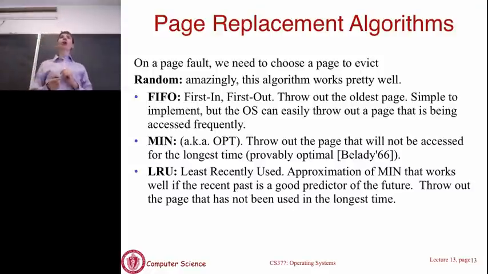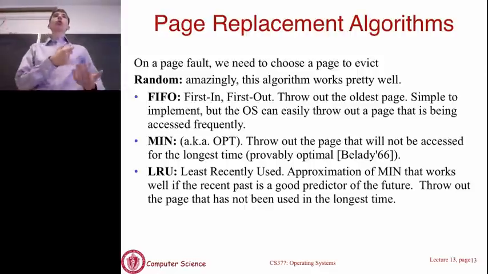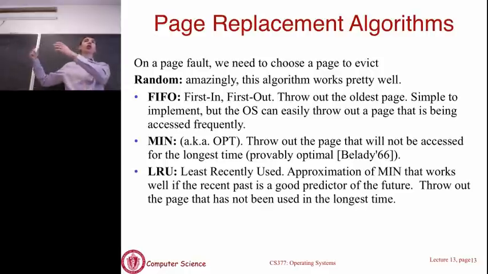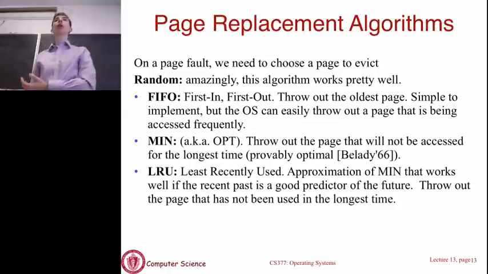You're essentially talking about the case where you have multiple processes all sharing the same physical space. The point being made is that if you have a process with really high priority and another process with low priority, you probably want to keep more of the pages from the high priority process in memory versus the low priority process.